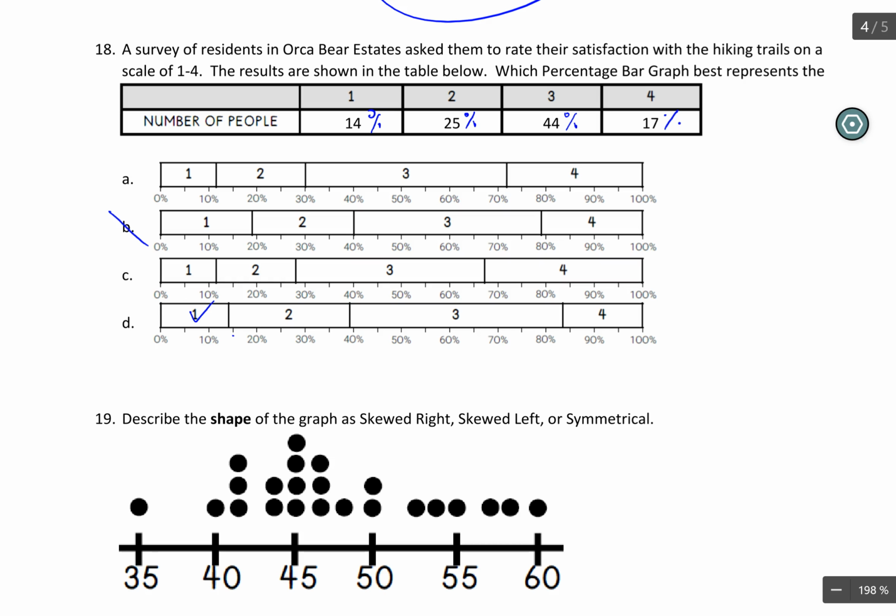So I have 10, 20, and then 5. So that looks good. 44%. So that gives me 10, 20, 30, 40. And yeah, looks like it's probably okay. And then 17%, working backwards from the front. So there's 10, 15, and a little more, 17. So then D is definitely my answer.